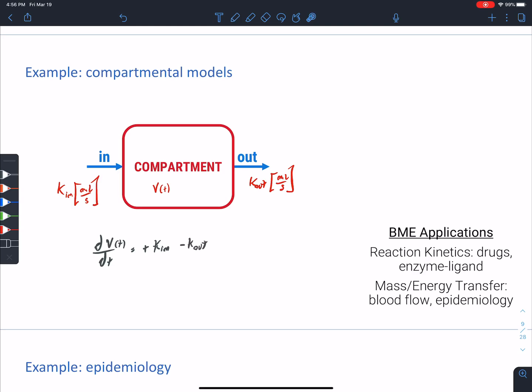Of course, different systems will have different equations for these things, and we'll substitute this. But this is the fundamental equation for a unit, a compartment, like we just talked about.